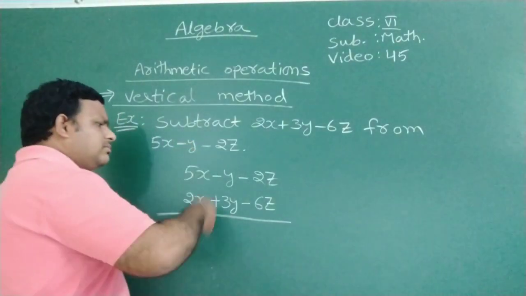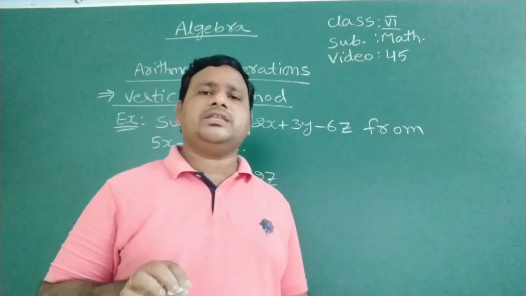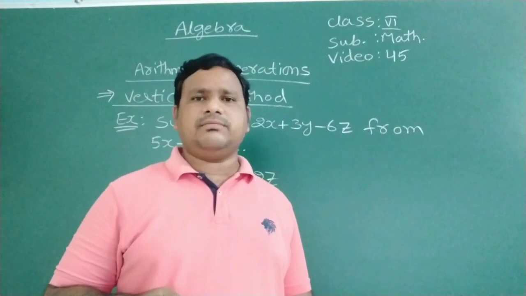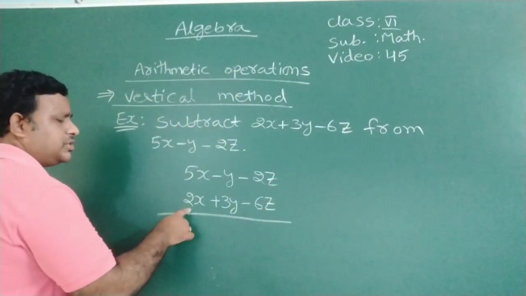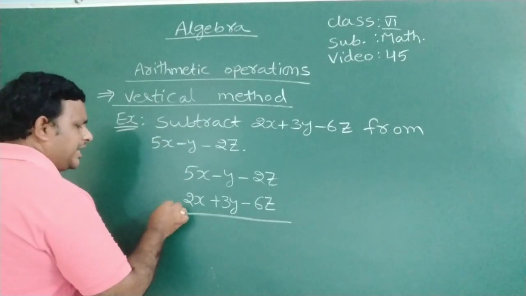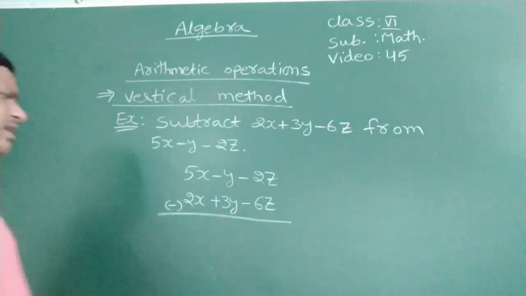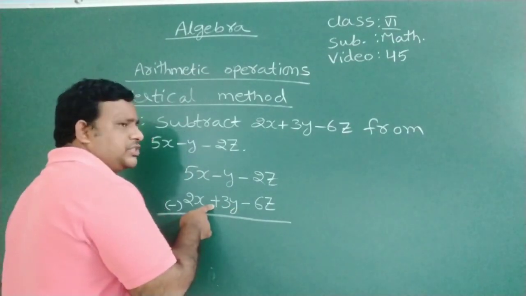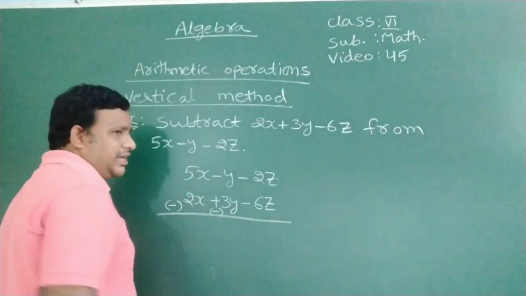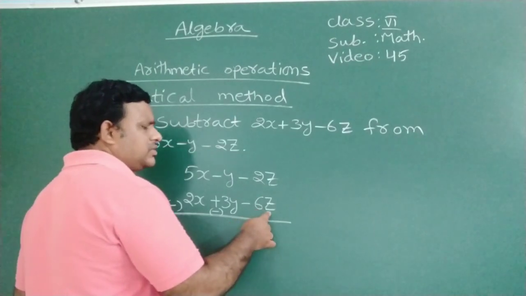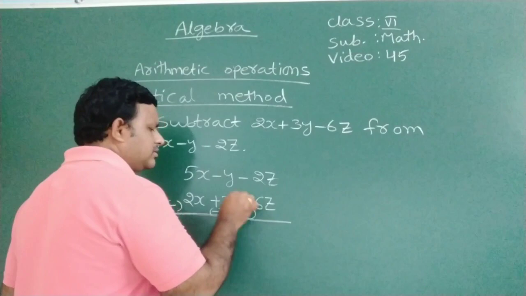So in the column method, while subtracting, we should change the signs and write them in brackets. Here 2x is positive, but its sign should be changed, so I put minus in a bracket. Next, 3y is positive, I am changing its sign so that it becomes minus. Here 6z is negative, so we change it and it becomes plus.